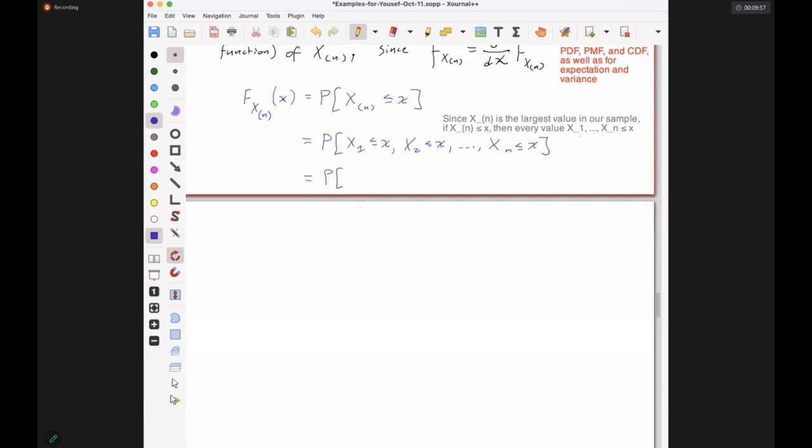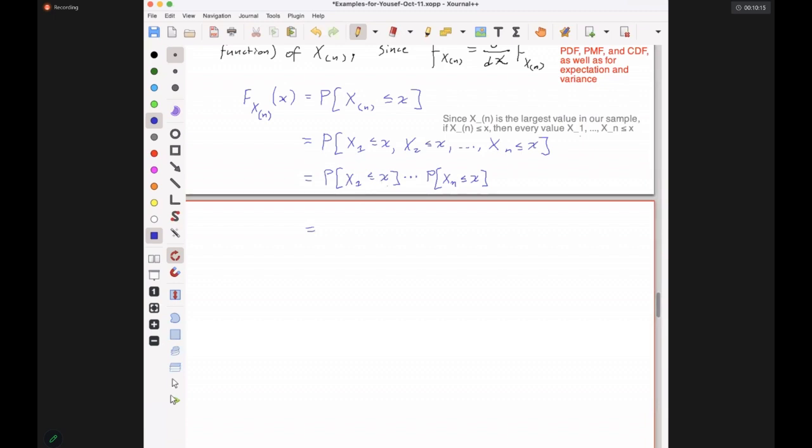So since they are independent, we can break this up as the probability that x1 is less than or equal to x times the probability that x2 is less than or equal to x, and so on, times the probability that xn is less than or equal to little x.